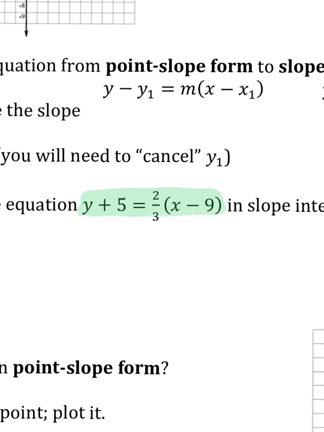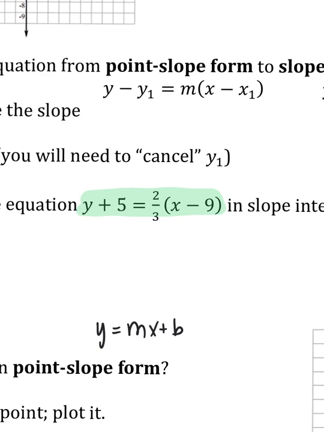We need to put this into y equals mx plus b form. Actually, wait, let me erase that. We want to put it into, our ultimate answer was y equals mx plus b.